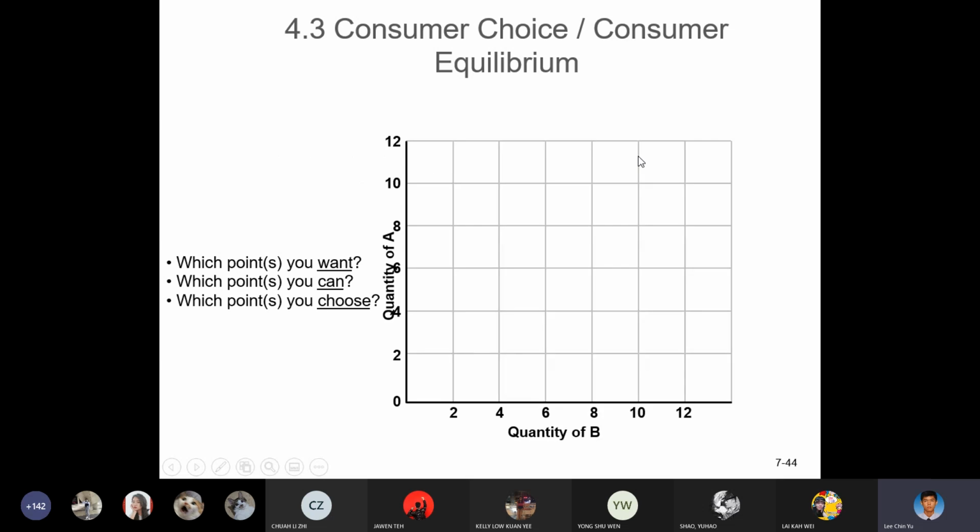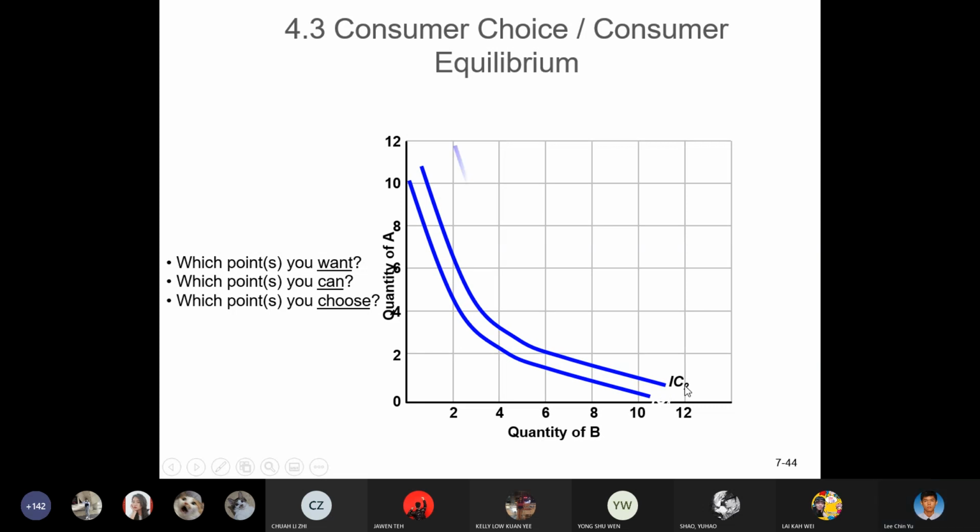For example, over here, let's say we have a graph. From here, we can see that this is our indifference curve. It's downward sloping, bowed inward, the normal one. But other than this indifference curve, we also can draw another one.